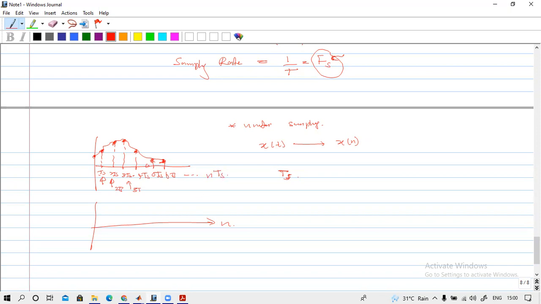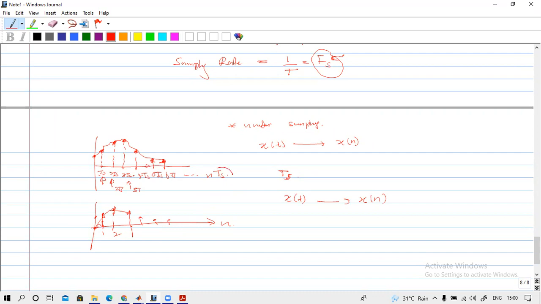If you plot with respect to n, you get a sample at 0, at 1, at 2, at 3, at 4, at 5, at 6, and so on. So we convert x(t) into x[n] using this uniform sampling method.